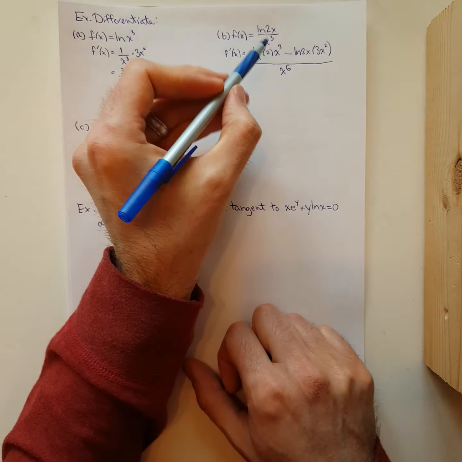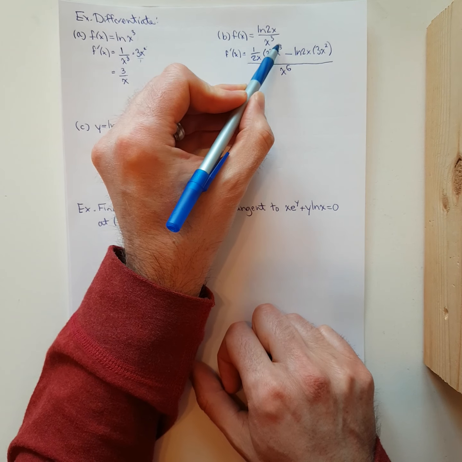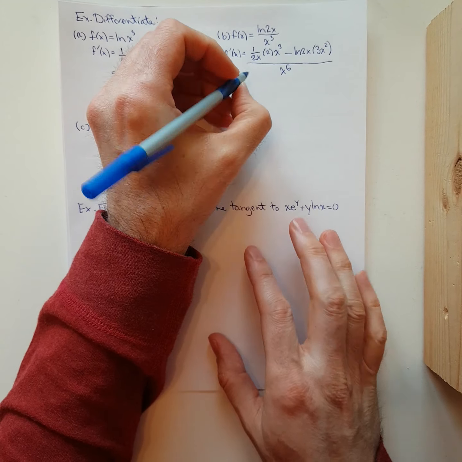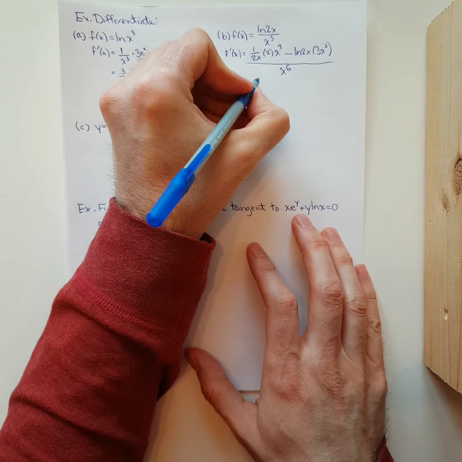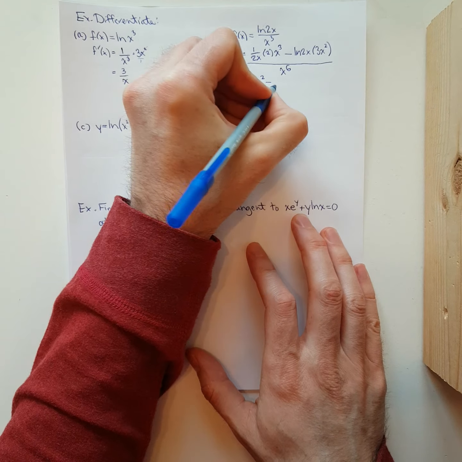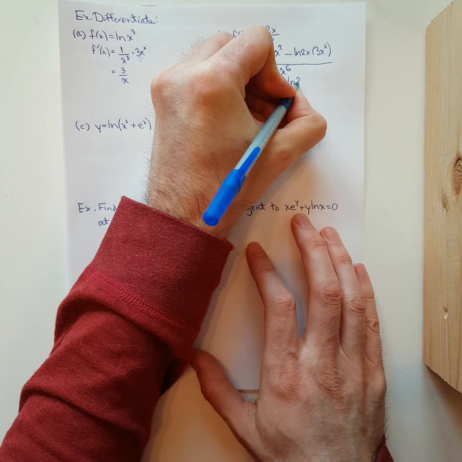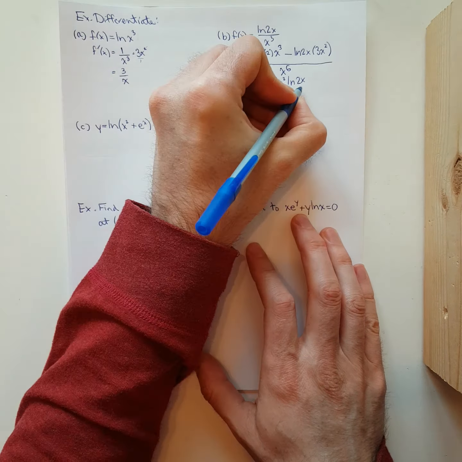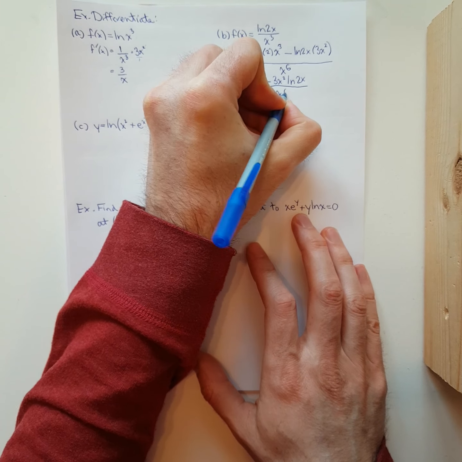If we simplify these terms a little bit, in that first term I can divide the 2's out. I can also divide one of the x's out, so that would then give us here x squared minus, and I'm going to rewrite this as 3x squared ln 2x, all over x to the exponent 6.